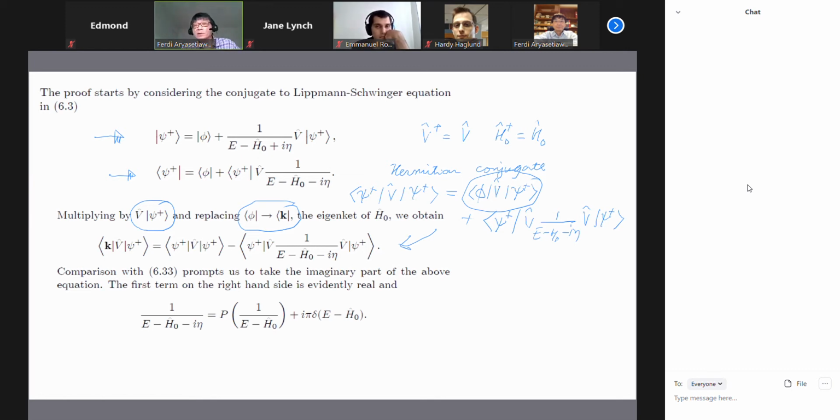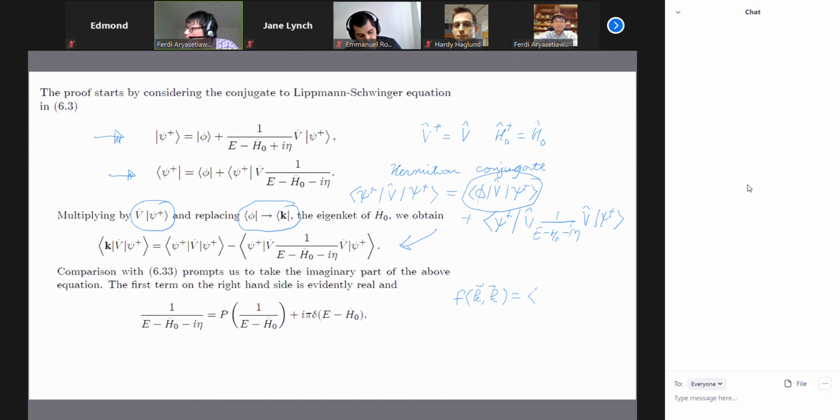So now we want to take the imaginary part of this, because we know that the scattering amplitude is given by, whether I put the K or the K plus. Yes, don't get confused. K prime, yes.